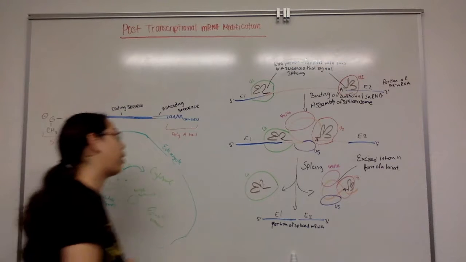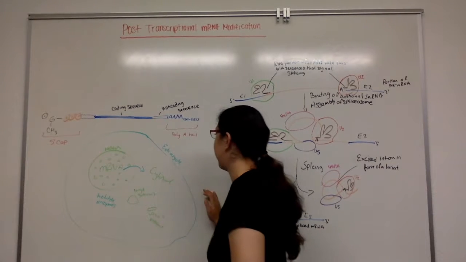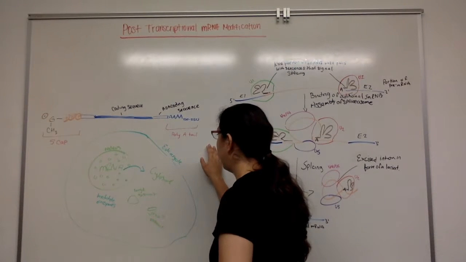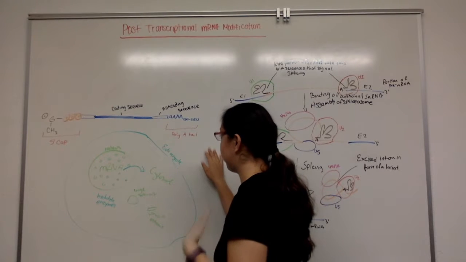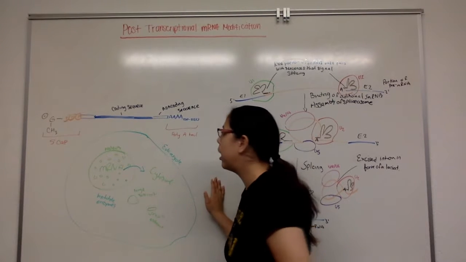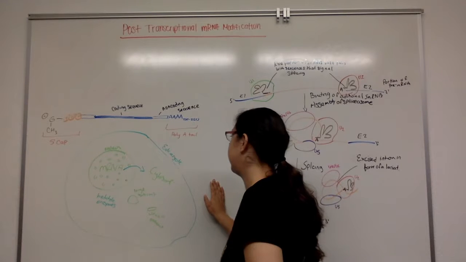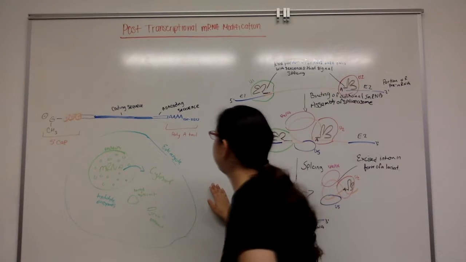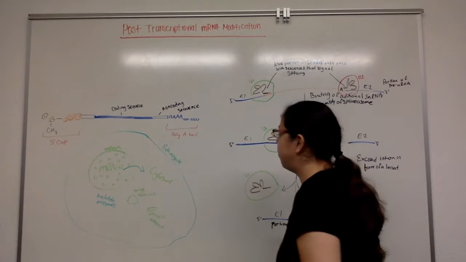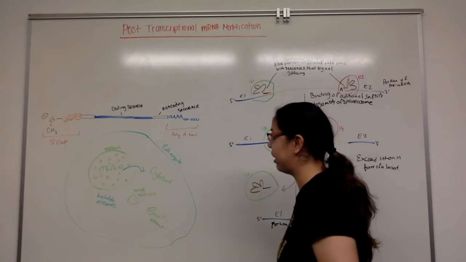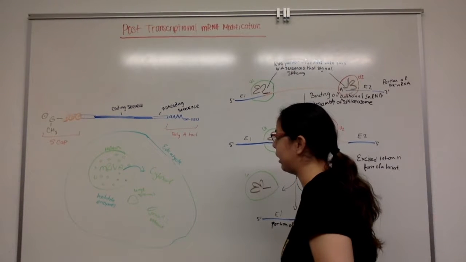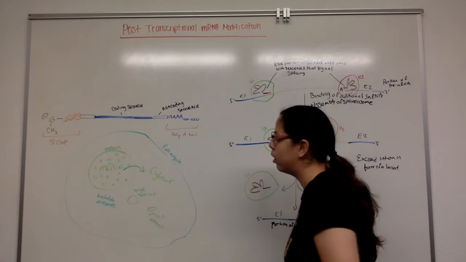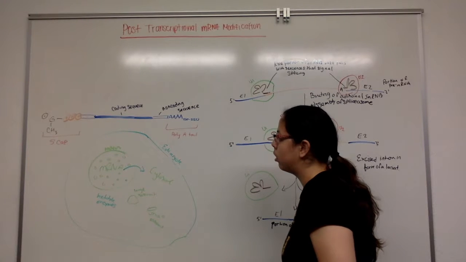On the 3' end, we have a poly-A tail. This is created via polyadenylation, and it is when between 150 to 250 adenine nucleotides are added to the 3' end of the mRNA.